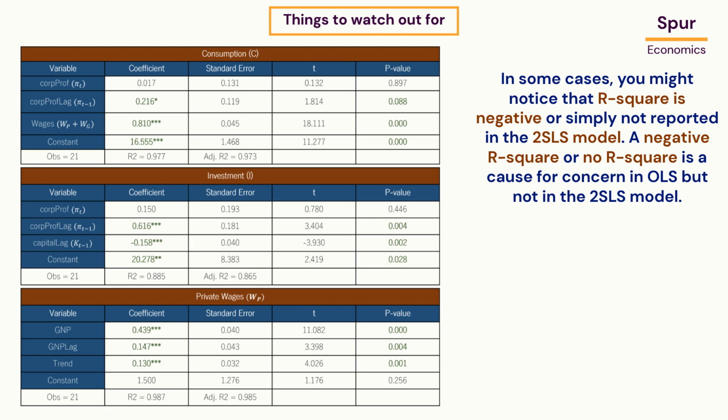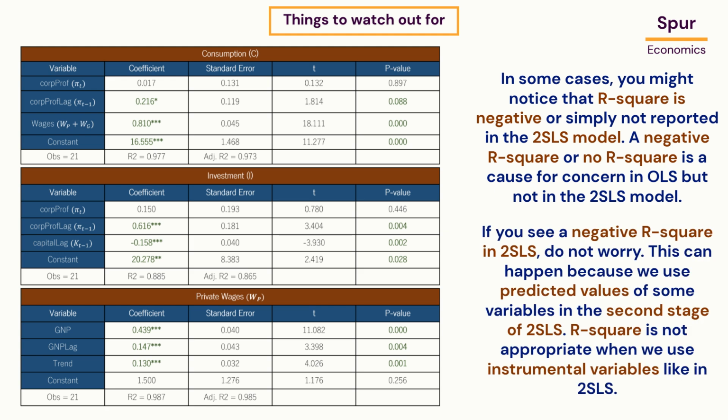A negative R-square or no R-square is a cause for concern in OLS but not in the 2SLS model. If you see a negative R-square in 2SLS, do not worry. This can happen because we use predicted values of some variables in the second stage of 2SLS. R-square is not appropriate when we use instrumental variables like in 2SLS.